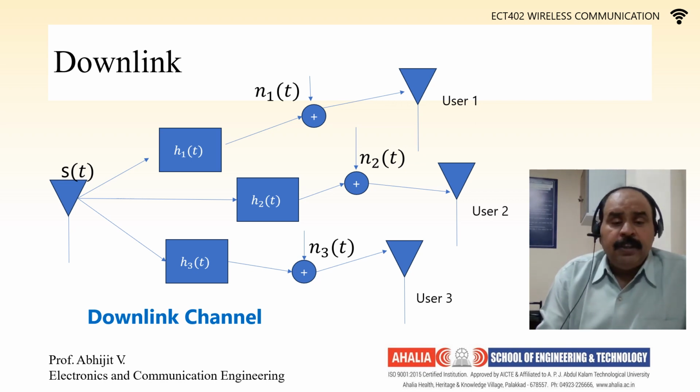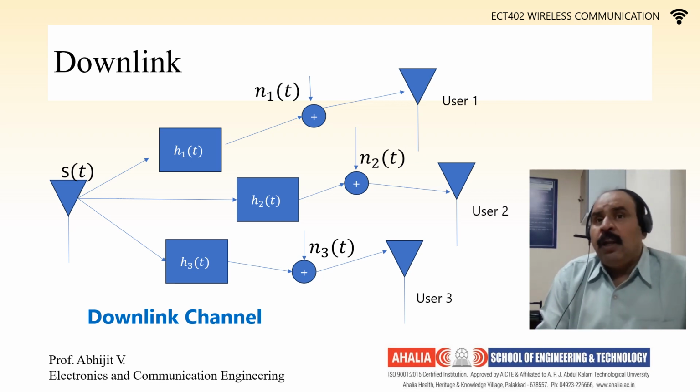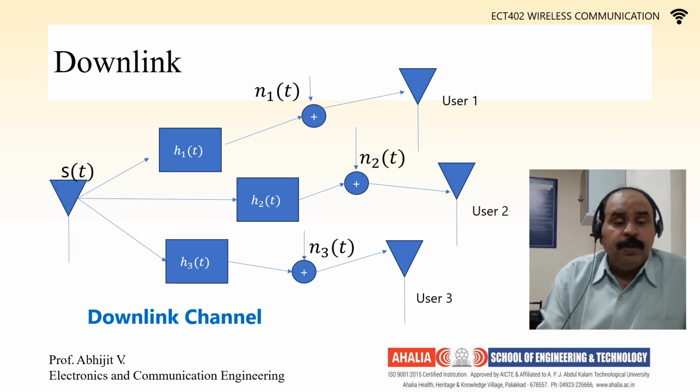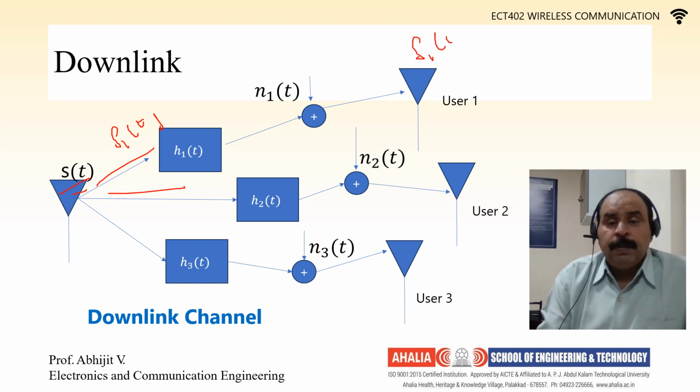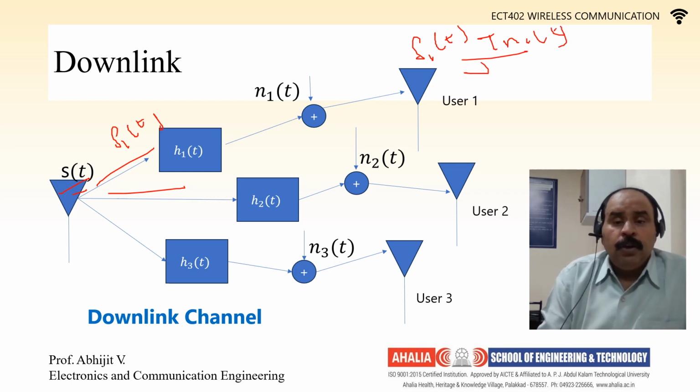So this is a basic block diagram of a downlink channel. Here we have a transmitting antenna, S of t, transmitting in different directions. This we'll call S1 of t, and what we receive here is S1 of t plus N1 of t, where N is additive white Gaussian noise.